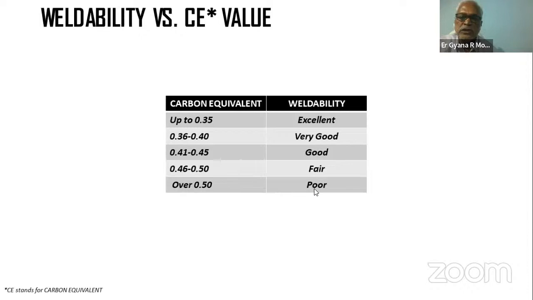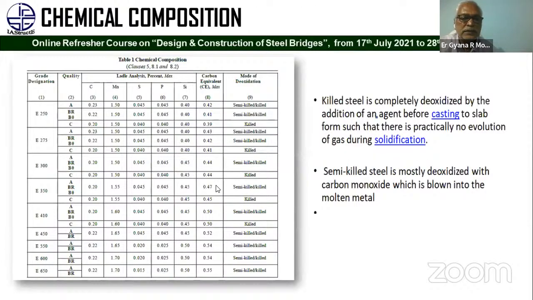That means you just cannot weld a steel as easily when the carbon equivalent is 0.5 as when it is 0.35. When it is 0.5, the welding of the steel is difficult. Either you have to preheat it or you have to take other procedures, and then only weld it. Otherwise, during welding, it will crack. The carbon equivalent here is, let's say, grade 250 and grade B. The actual carbon is 0.23, but the carbon equivalent is not 0.23, because all these components contribute to the increase in the carbon component.